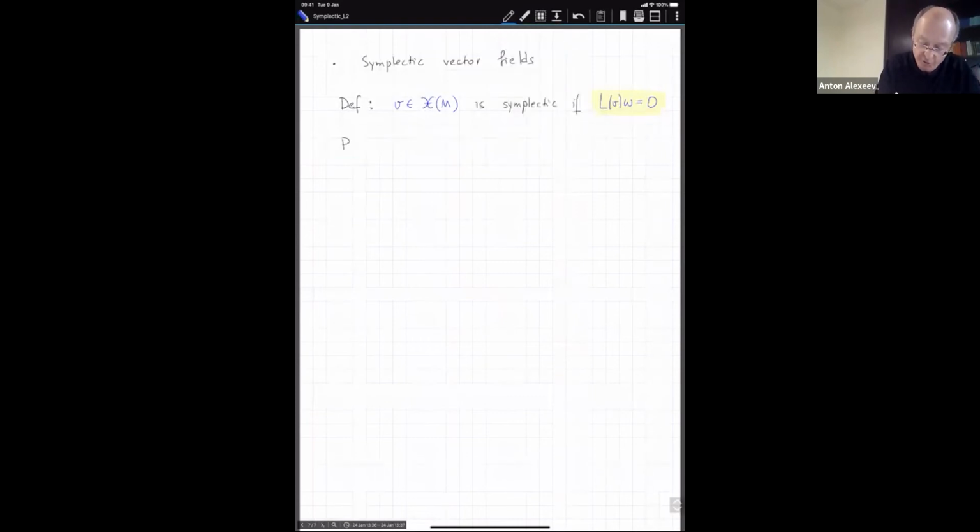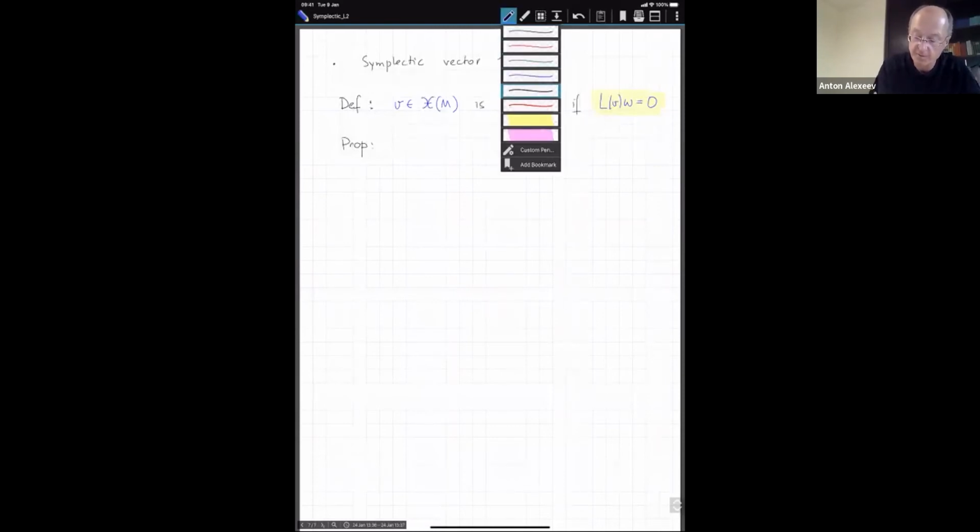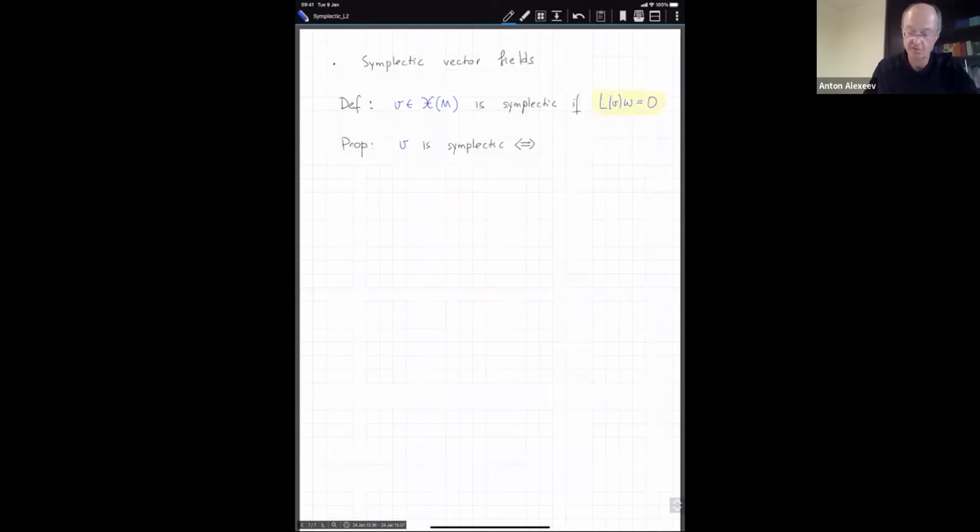Now, a very short proposition. V is symplectic if and only if iota_V omega is closed.